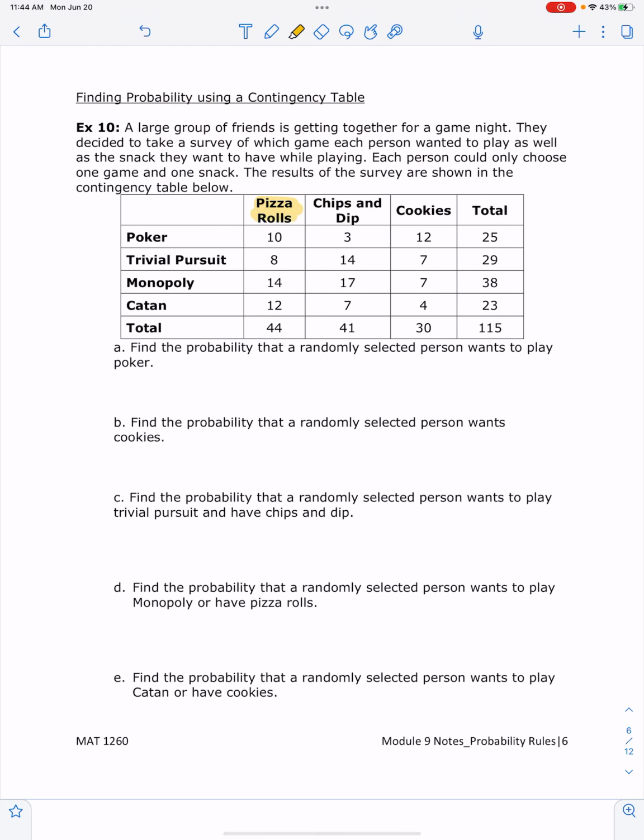The number of people that want pizza rolls is totaled down here, 44. So there are 10 that want pizza rolls and to play poker. There are 8 that want pizza rolls and to play Trivial Pursuit. There are 14 that want pizza rolls and to play Monopoly, and 12 that want pizza rolls and to play Catan. Okay.